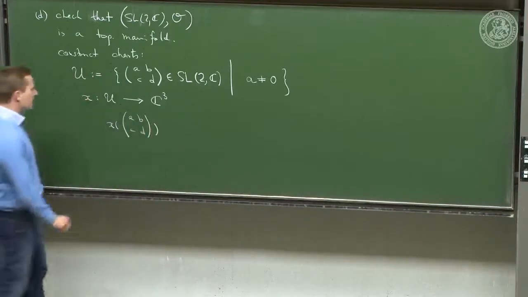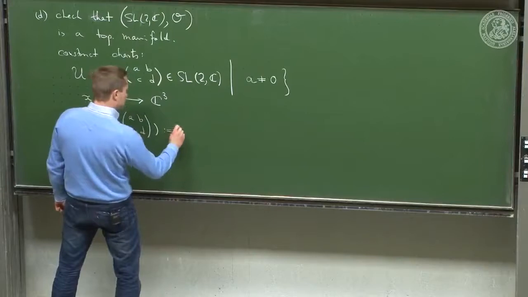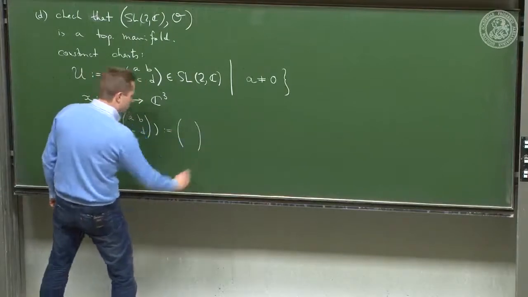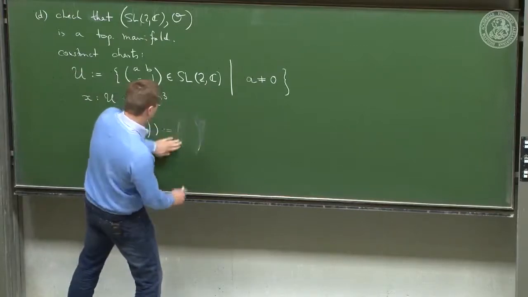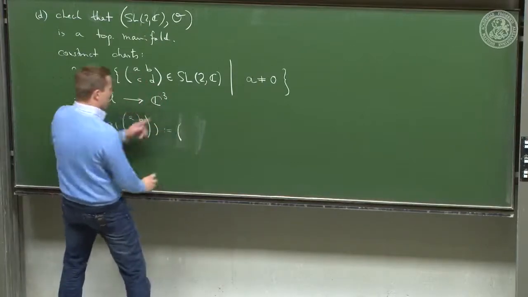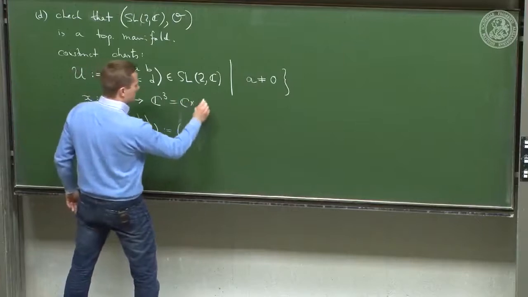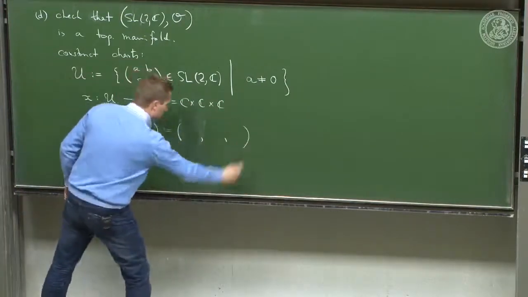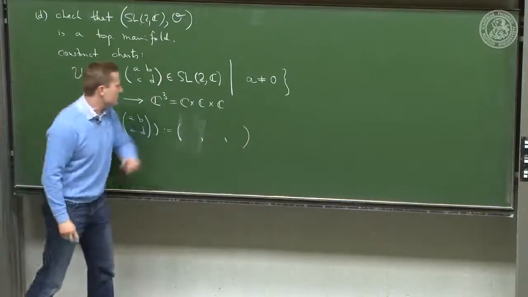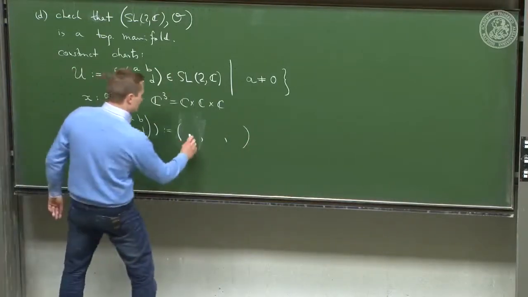X eats such an element, and I write the result as a tuple in C, C, C Cartesian product, so the result is a 3-tuple, and I choose A, B, C.